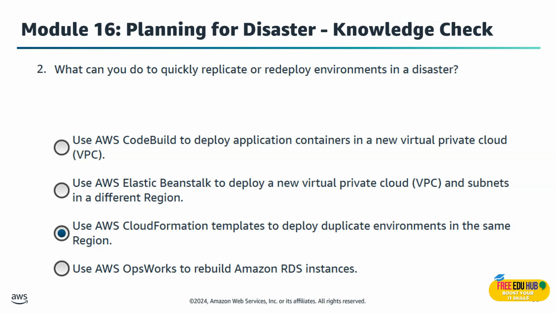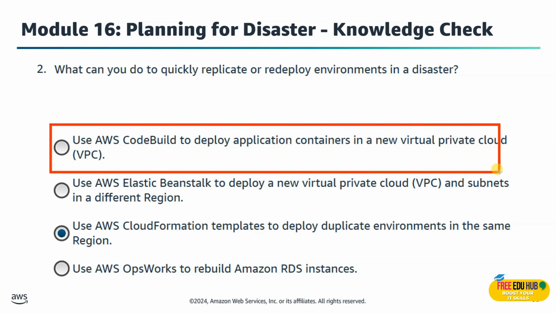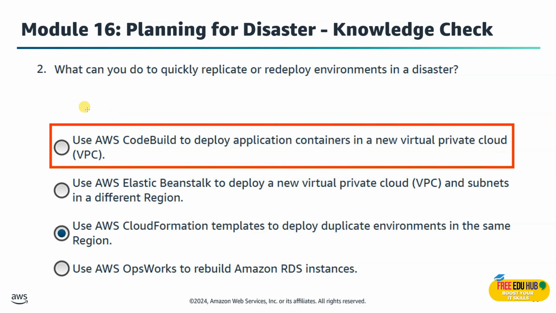Now, why are we not selecting the other answers? The first says to use CodeBuild to deploy application containers in a new virtual private cloud. The reason is that CodeBuild compiles builds; it doesn't provision a full environment for networking.